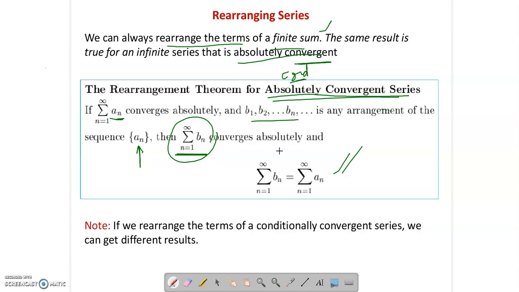So next we want to address the question: can we rearrange the terms of a conditionally convergent series and yet get the same answer? The answer is no. If we rearrange the terms of a conditionally convergent series, we will get different results. Let's see this with an example.